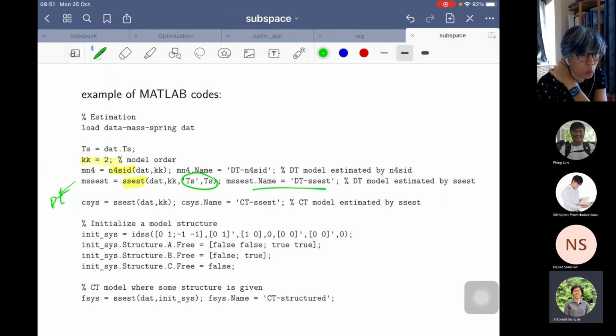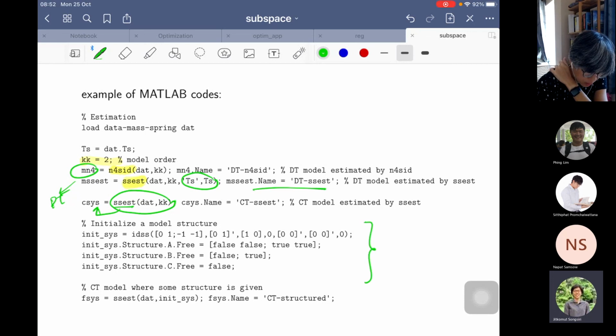And again, the performance will be improved from N4SID because it refines the estimated parameters using PEM. If you don't specify the sampling time, the SSEST command returns a continuous time estimated state space system.